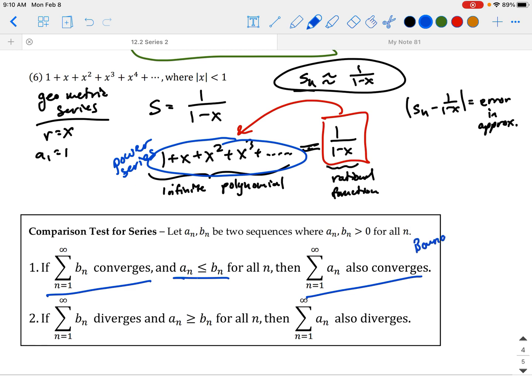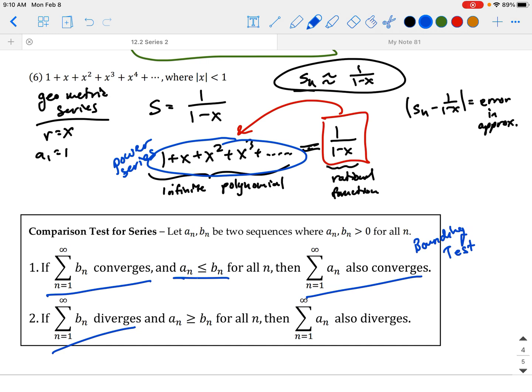So you can think of this as like a bounding test. So we're bounding it above by this convergent series b sub n. Our terms are always positive, so we're not going to drop down to negative infinity. And so because we can bound it from above, that is going to prove convergence of our smaller series, or series of smaller terms.